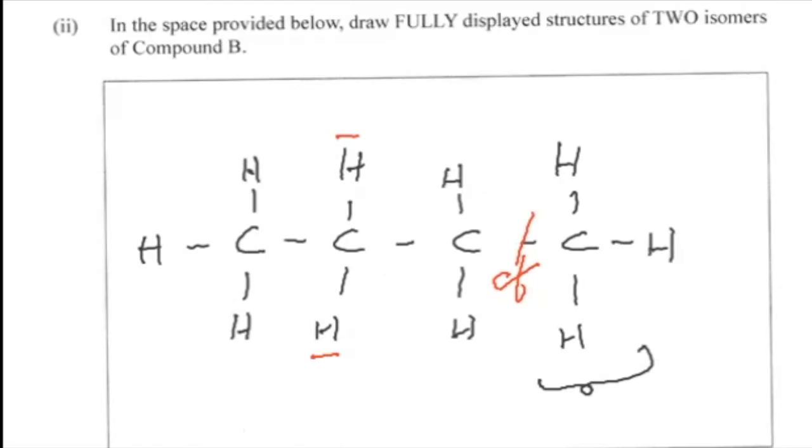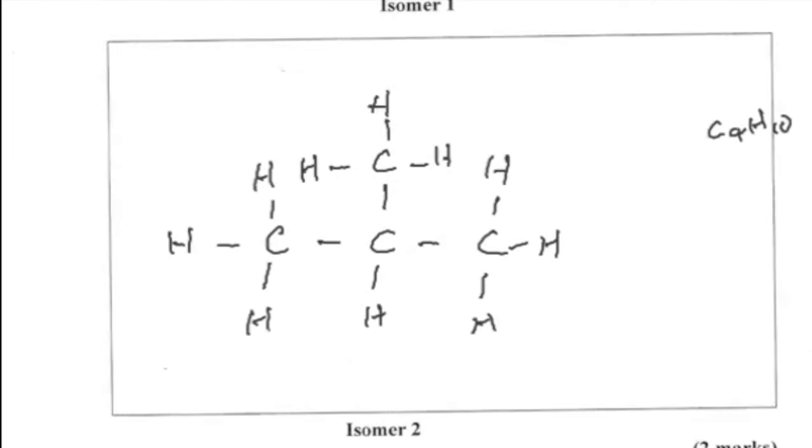So we have the same molecular formula, but just different arrangement of the atoms in space. So it's still C4H10. And there we go again, 2 more marks. Of course, we don't need to do the scissors. The scissors is just for illustration.